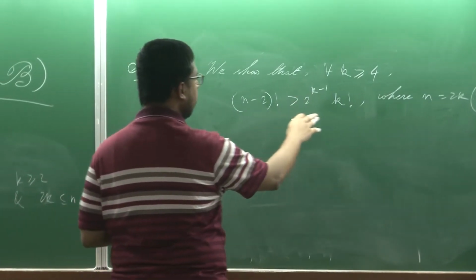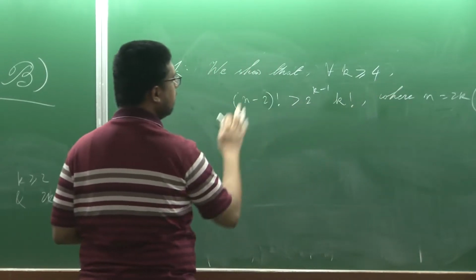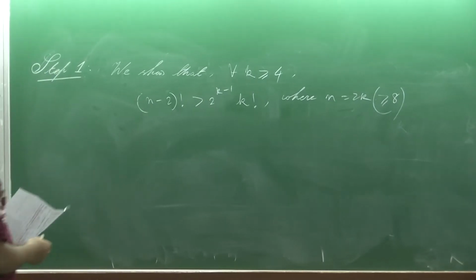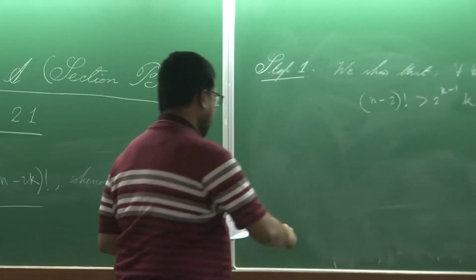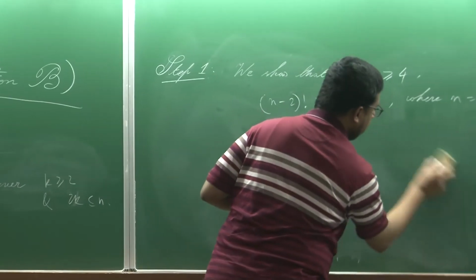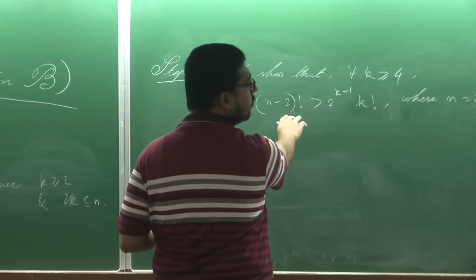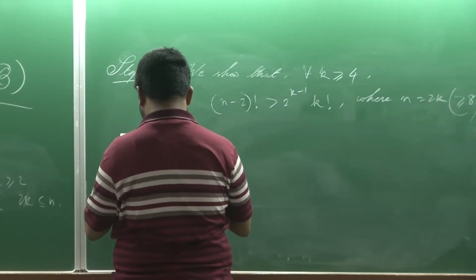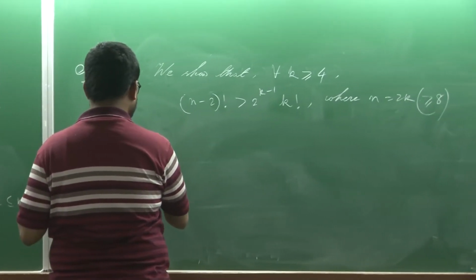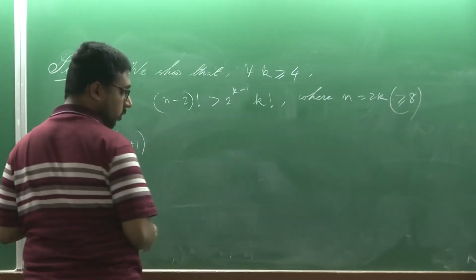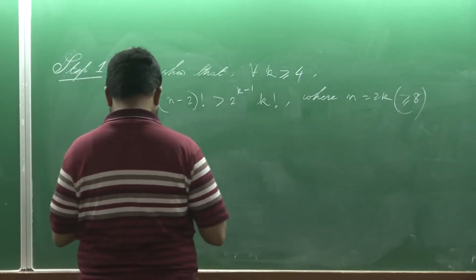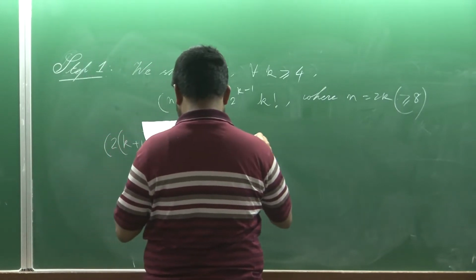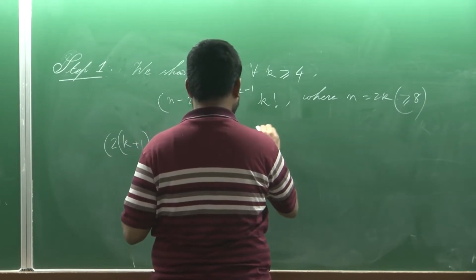The base case when k is 4, I am leaving it to you. This is just a checking. The rest I will show you: how to prove this inequality for k plus 1, assuming that this holds for k. That's the main part. So for k plus 1, the observation is, we assume this statement holds for k. So what is this? This is nothing but (2k) factorial.